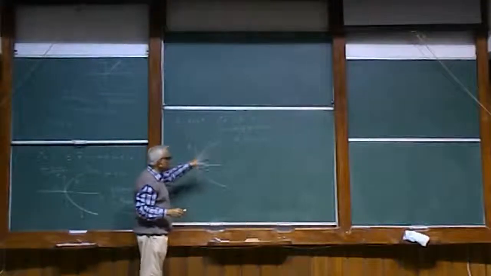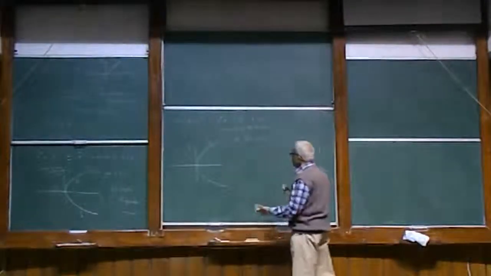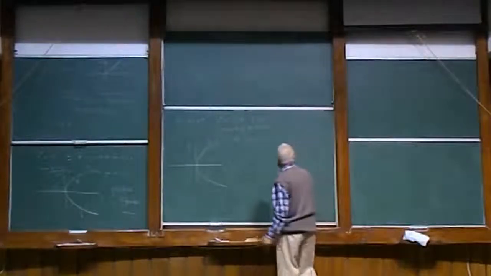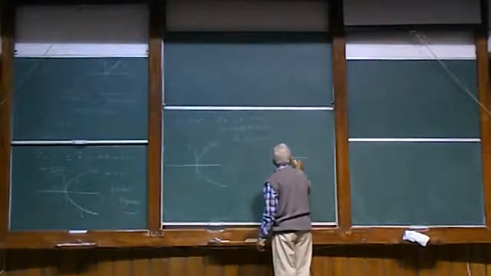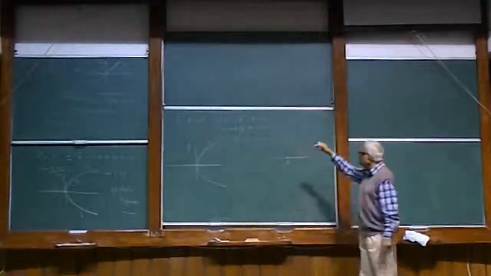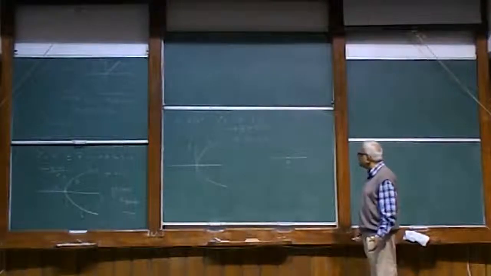So x star equal to 0 at r equal to 0 is a fixed point, and if you look at what this fixed point is about, this is the origin. At this point, x dot is equal to minus x squared.